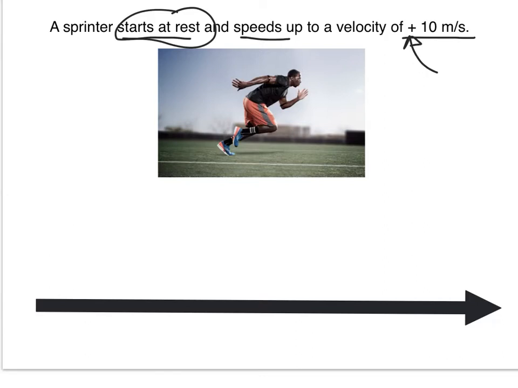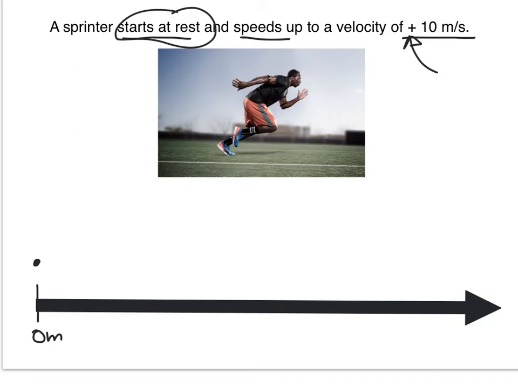The problem doesn't specify where they start, so let's just say that he starts at a position of 0 meters, and since he's starting at rest, we would put a dot at the starting position. Now think about which direction he's traveling.